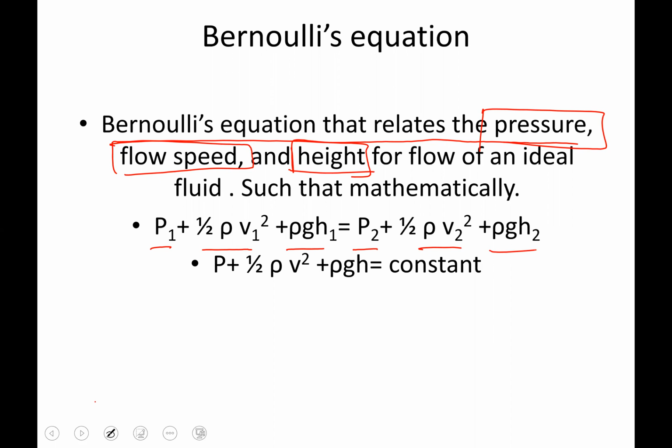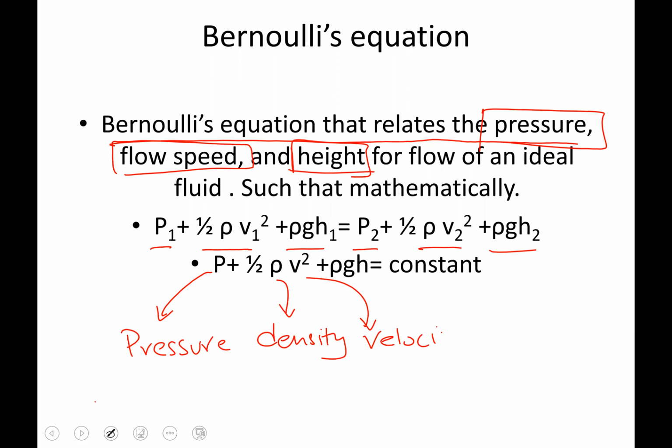Now this can be simply written as P, which is the pressure, plus half rho, which is the density, V squared, where V is the velocity, plus rho g h, where g has the value of 9.8 meters per second squared, and h is the height.